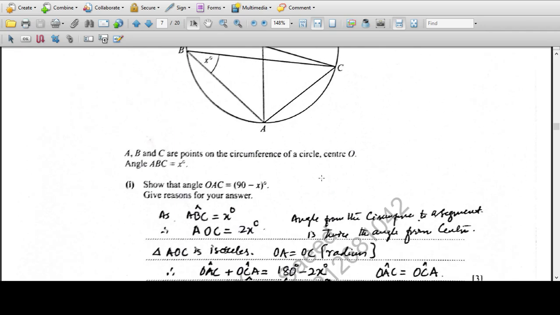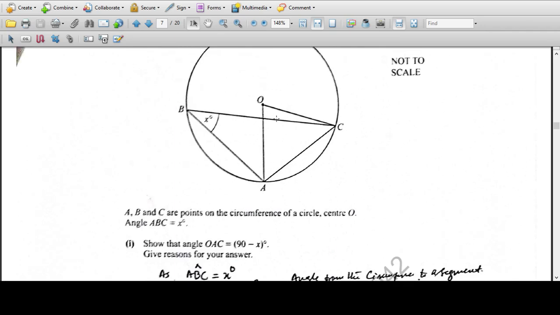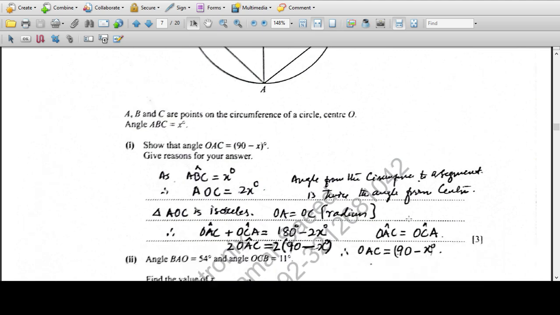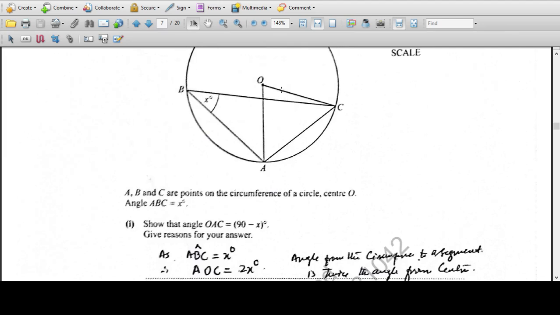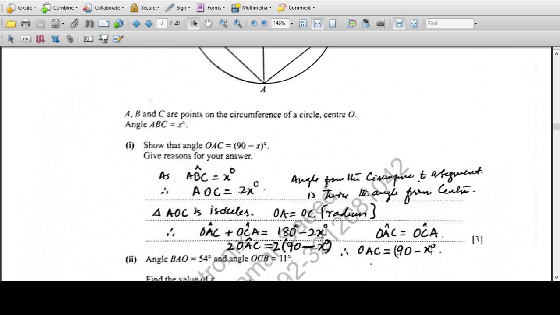So the remaining angle, the sum of OAC and OCA, will be 180 degree minus 2x. This angle subtracted from 180 degree gives the sum of these two angles, which is 180 degree minus 2x.